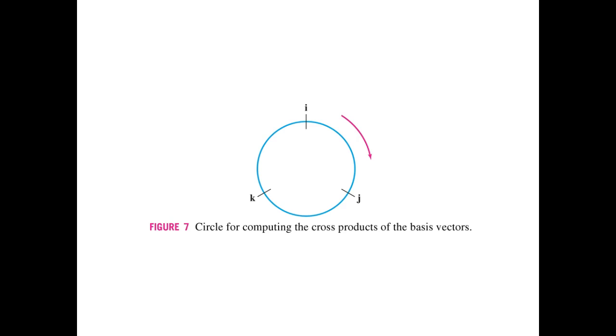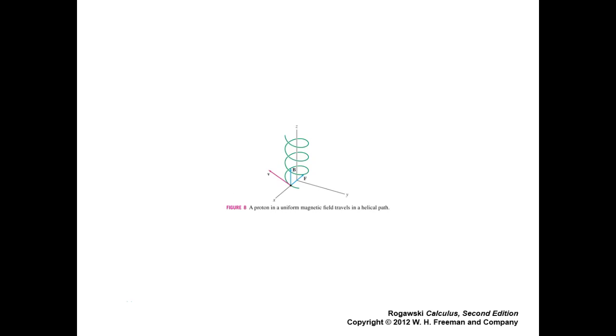If you go the other way, i cross k is negative j, k cross j negative i, j cross i negative k. So if you set them up this way, ijk, go clockwise, you get positives, counterclockwise, negative. If you find that useful, use it.